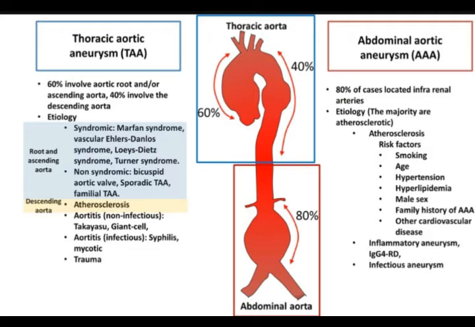The symptoms of thoracic aortic aneurysm may include pain in the jaw, neck, and upper back, pain in the chest or back, wheezing, coughing, shortness of breath as a result of pressure on the trachea or windpipe, hoarseness as a result of pressure on the vocal cords, and trouble swallowing due to pressure on the esophagus.